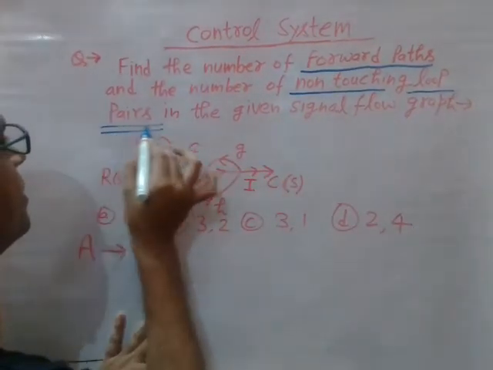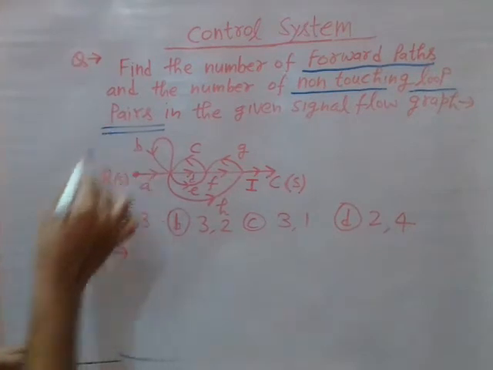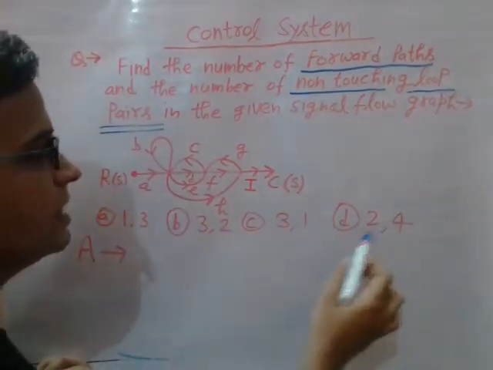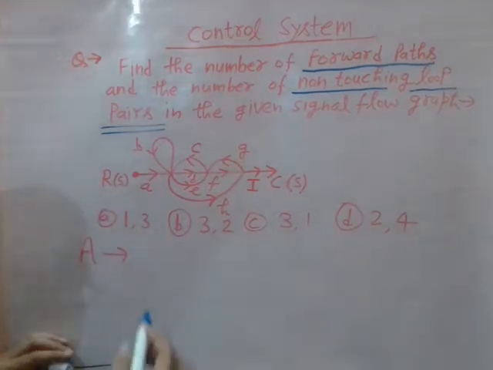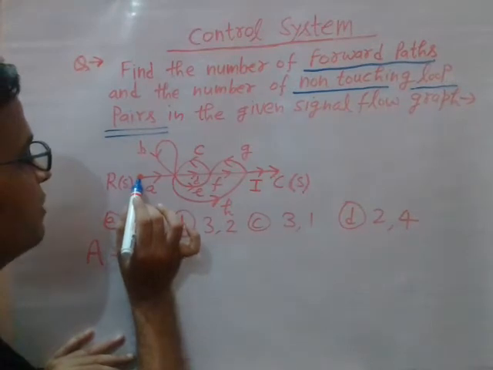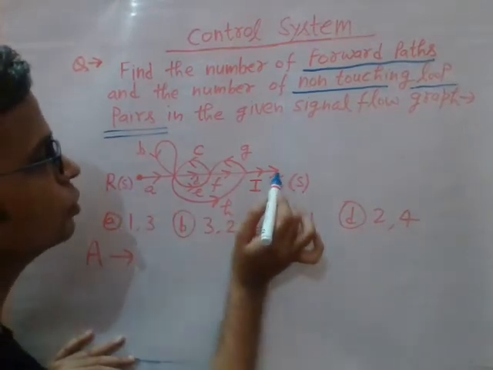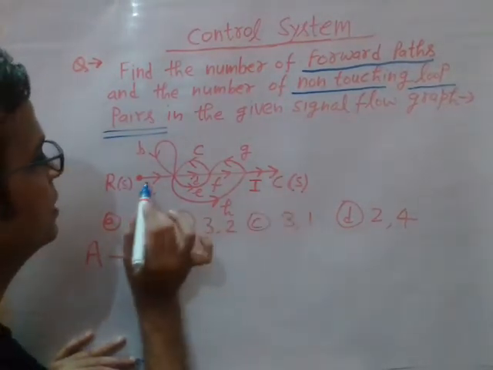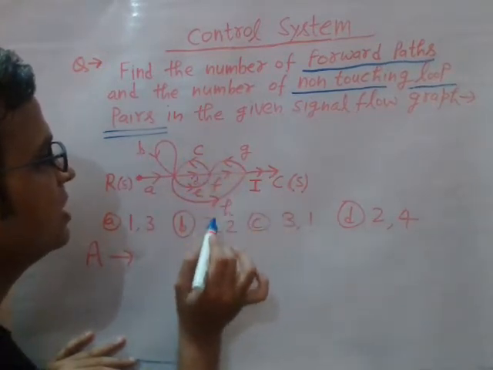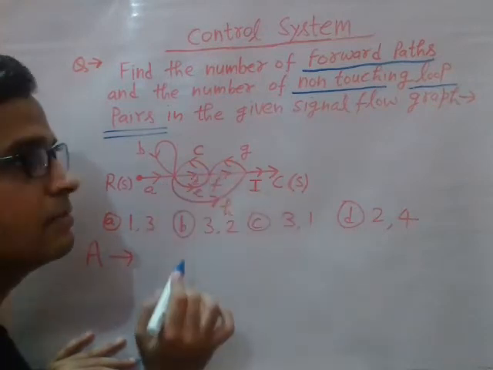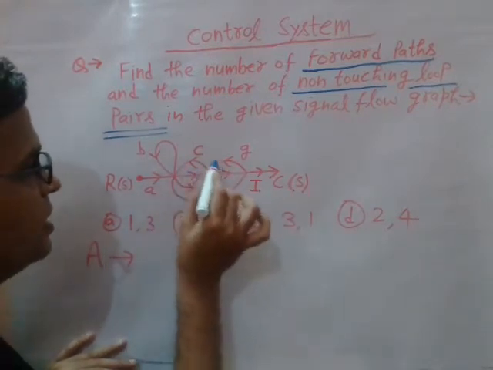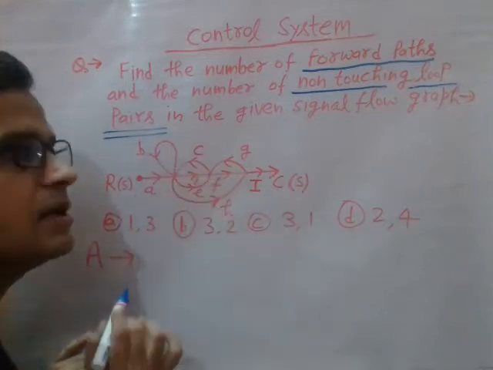Remember, pairs you have to calculate. Out of A, B, C, D, only one option is correct, which you have to choose after solving this question. You have to start from the reference input and go to the controlled output. These A, B, C, D, E, F, G, H, I are the respective gains of various paths, and arrows indicate the direction.